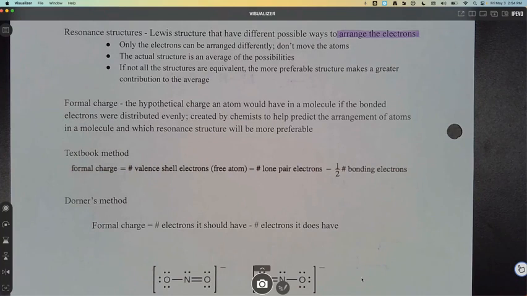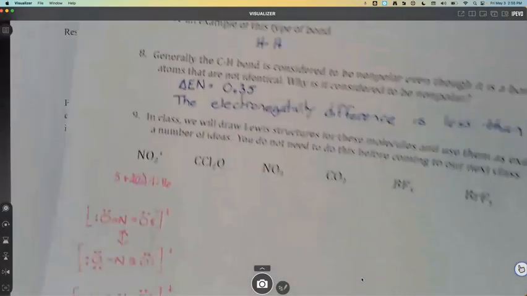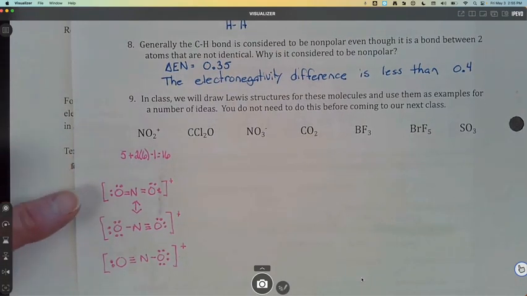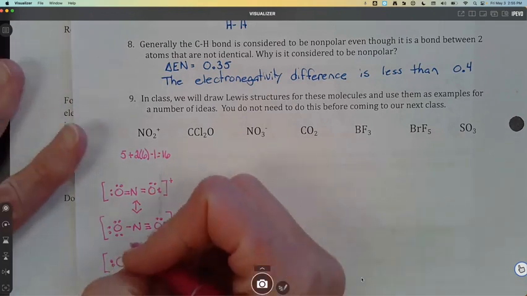And add to our arsenal here a decision-making tool. For example, with this NO2 positive that you made and its 16 valence electrons, the way I see it, there are actually three different ways I could have gotten this done. I have three different resonance structures here.